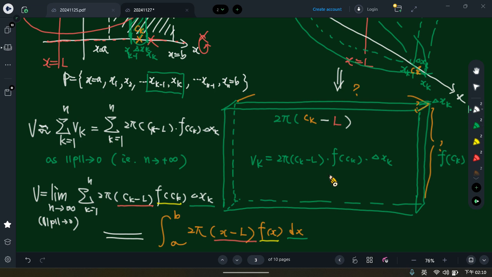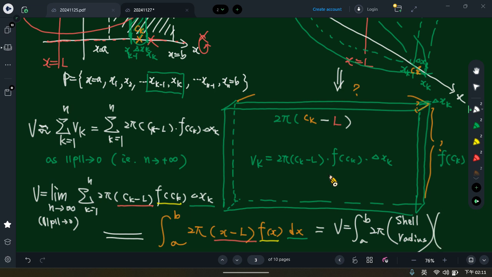And we also can formulate it as V is equal to the integral from a to b, 2 pi. The first part is the shell radius. What is shell radius? Shell radius is from this point to the central point, to the rotation axis point.